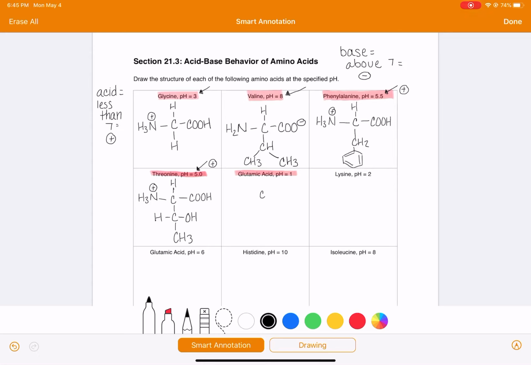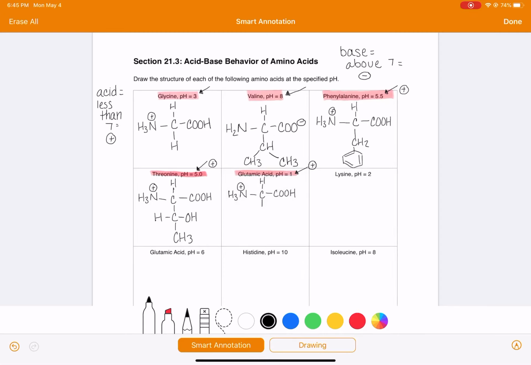We're going to start with the general structure of the amino acid, getting ready to draw this guy in. We're dealing with a pH of 1. That's acidic. So that means we're only allowed to have positive charges. So that means for the amino and the acid part, COOH and NH3+.